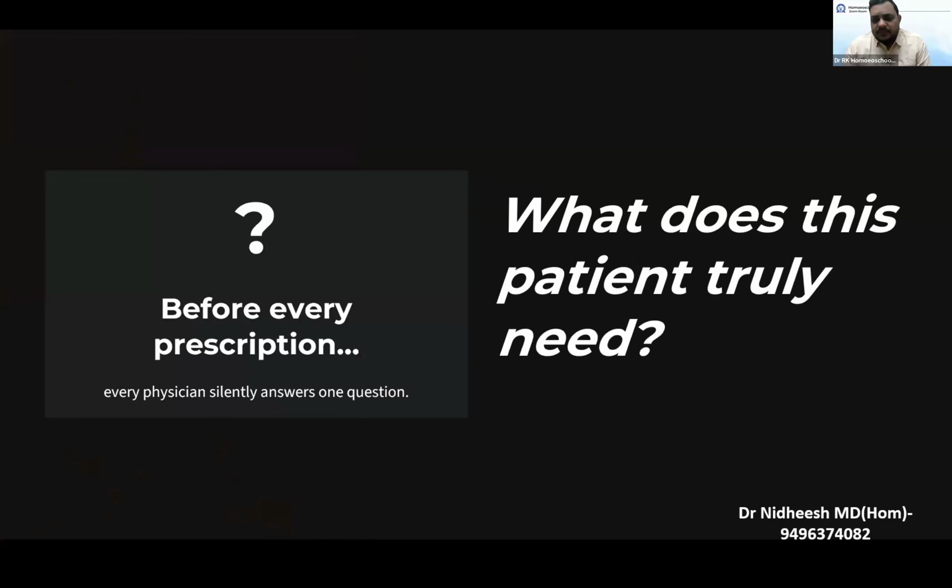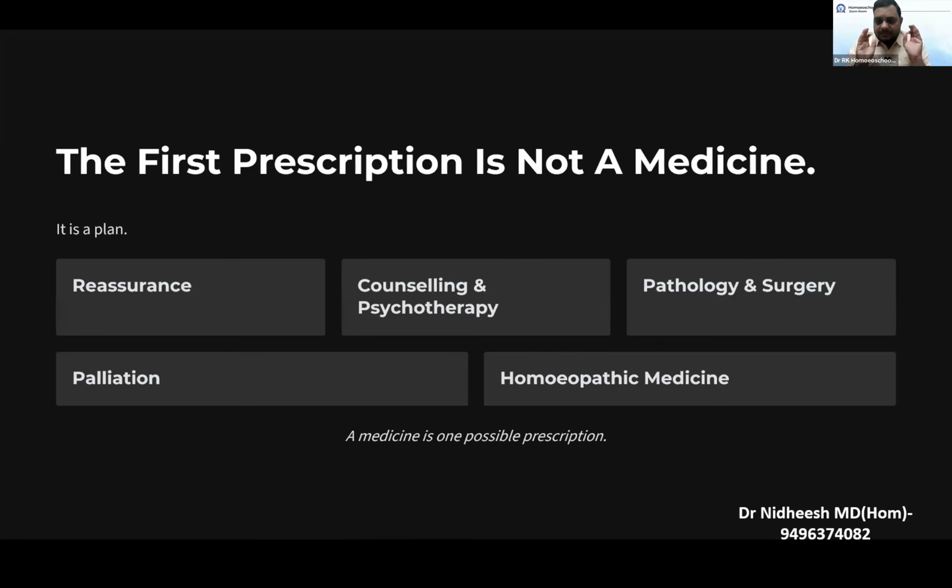So, before every prescription, the first question that must come to our mind is, what does this patient truly need? Medicine is not the first prescription. He may need reassurance. He may need counseling. Sometimes he may need psychotherapy.